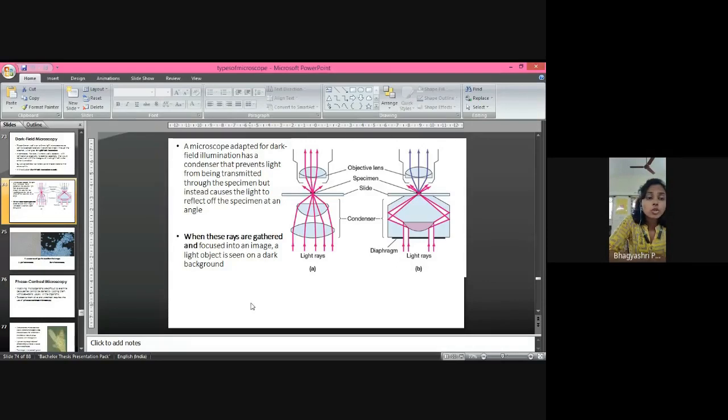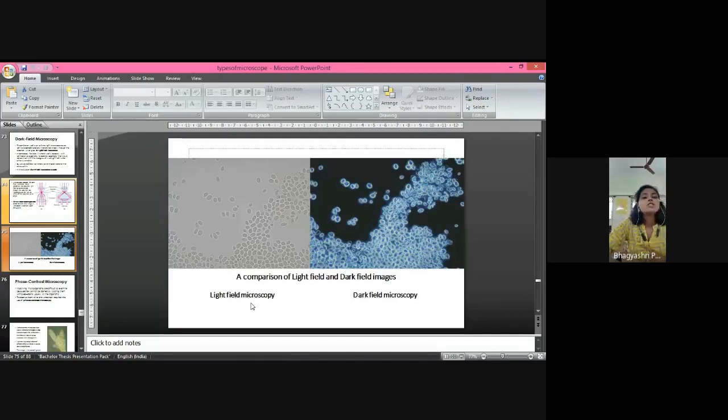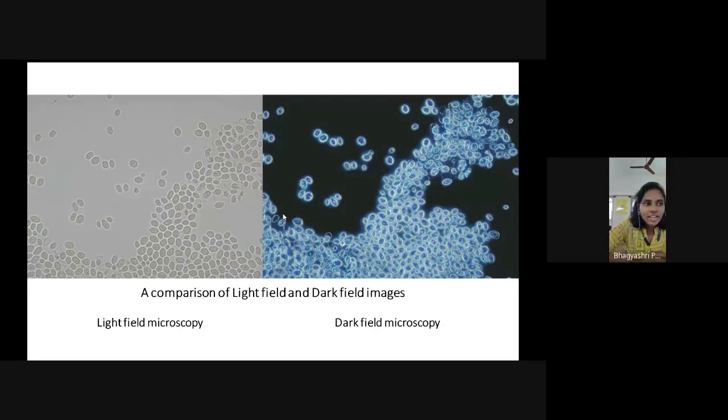So this is the dark field microscope. Okay. So we can see one image which makes the difference clear. As you can see in this image, the image on the left hand side is of the light field microscope, the normal microscope which we use in our labs normally.